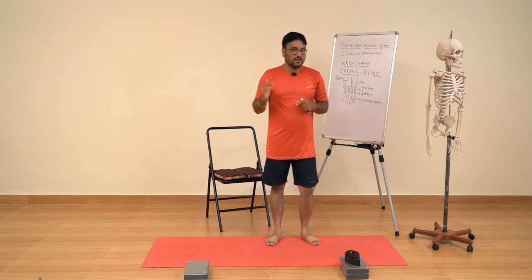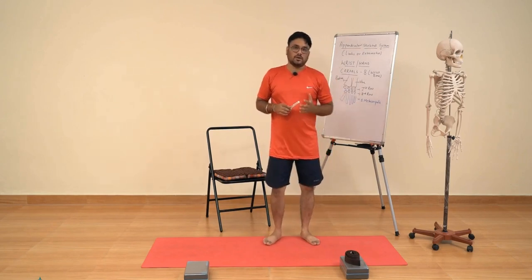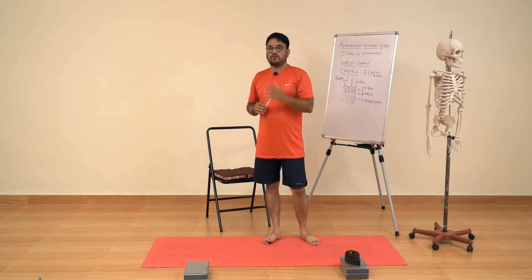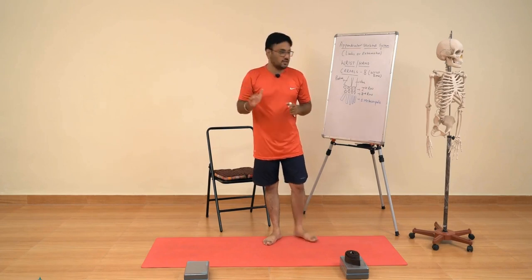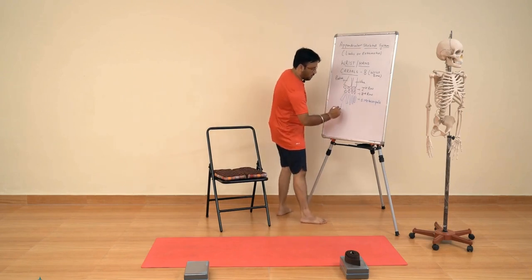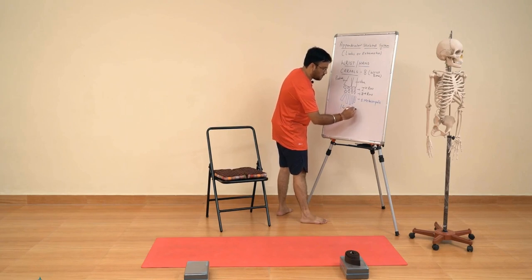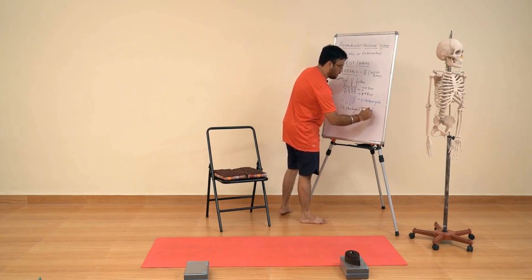So 3 in each finger. How many fingers do you have? 4. So 4 into 3 is equal to 12, and 2 in the thumb. So total 14. So we have 14 phalanges. That is your thumb and finger bones.